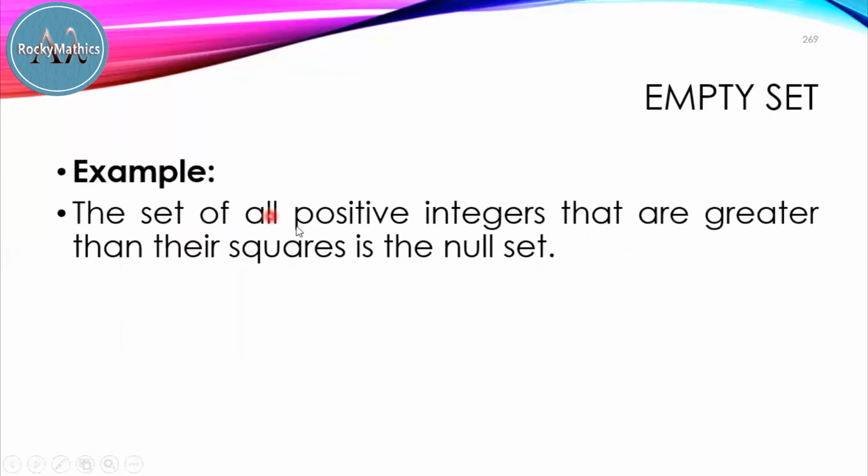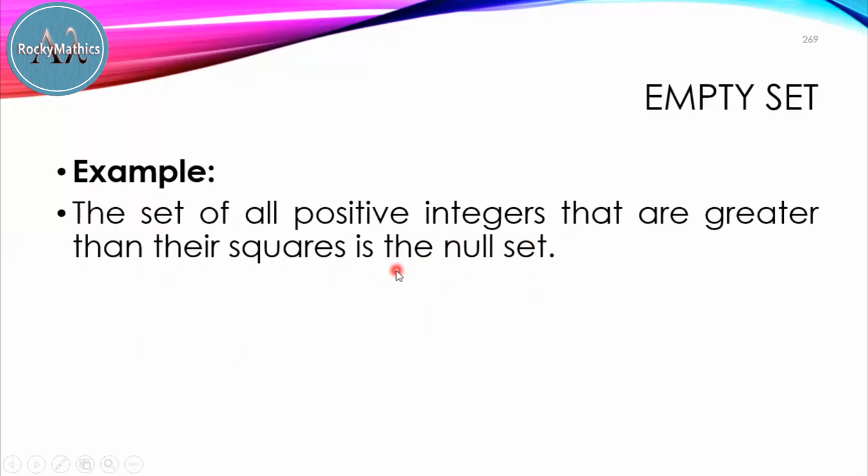Now, for example, the set of all positive integers that are greater than their squares is the null set. Why is it an empty set? What are the positive integers again? 1, 2, 3, 4, 5, 6, 7, 8, 9, 10, and so on.